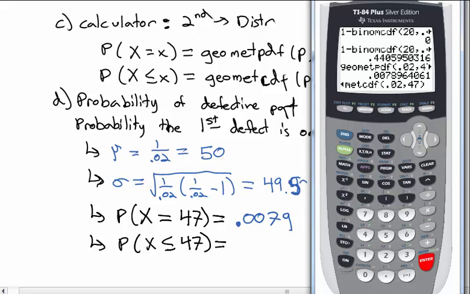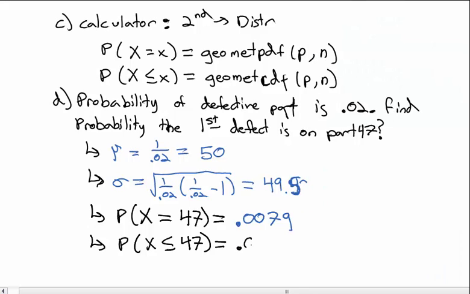Paste it on there. Cumulative distribution function, we've got the CDF. It's equal to 0.6131. There's a 61% chance you will find a defective part amongst the first 47 parts. That is the geometric distribution. How long until the first success?